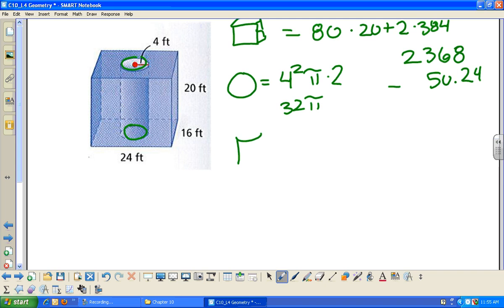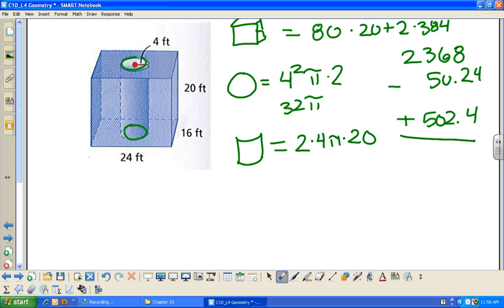And I also have to add the lateral area of my cylinder. The lateral area is going to be the circumference of the circle, which is 2 times my radius times pi, times the height of the cylinder. So I have to add that. So that would be 502.4.